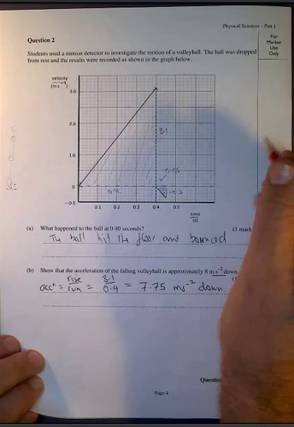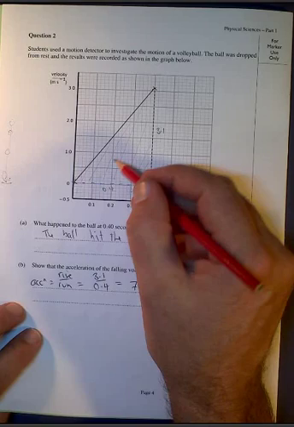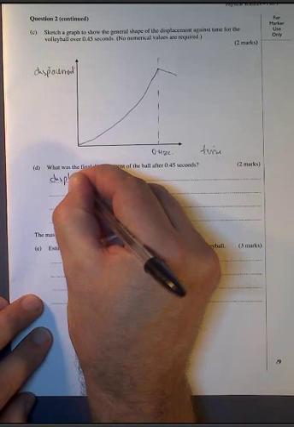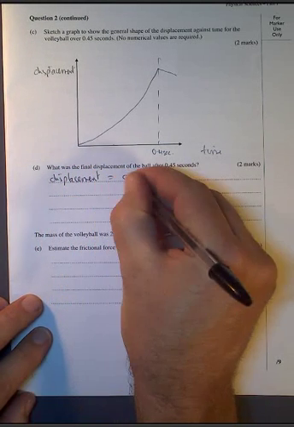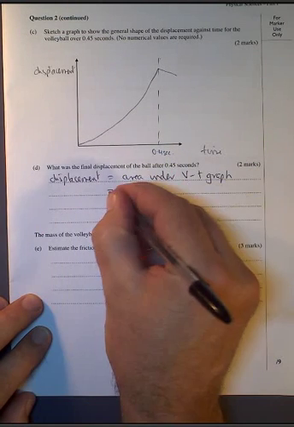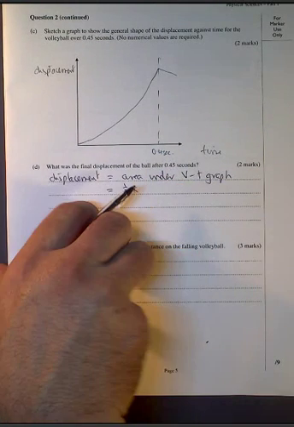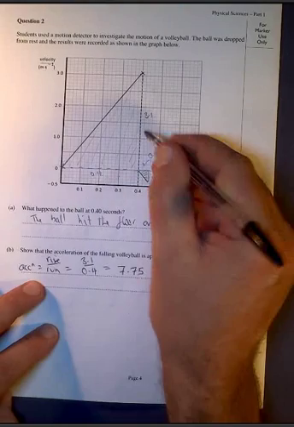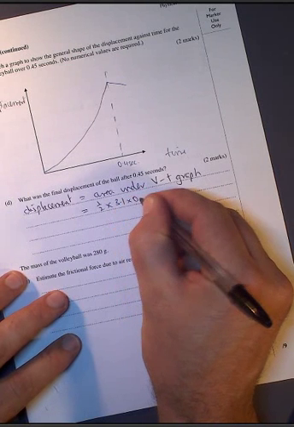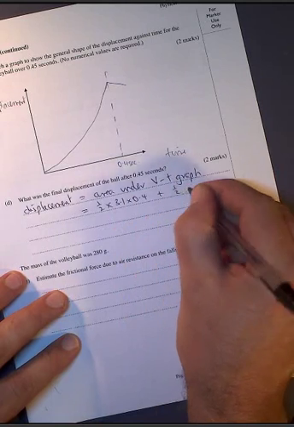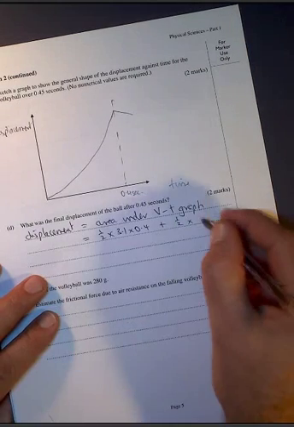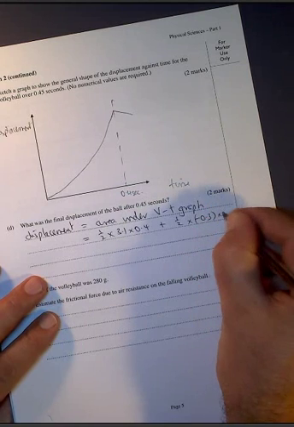So displacement equals area under the VT graph, which equals a half, because it's a triangle, multiplied by 3.1 by 0.4, plus a half times minus 0.3 times 0.05.